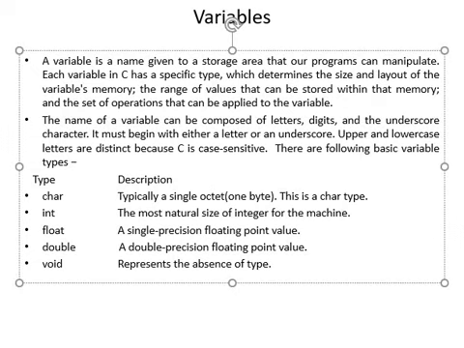The int, the most natural size of an integer, in C language is 2 bytes, and the float has 4 bytes, the single precision floating point value. The double is the double precision floating point value, and void represents nothing over here. It represents the absence of any type.